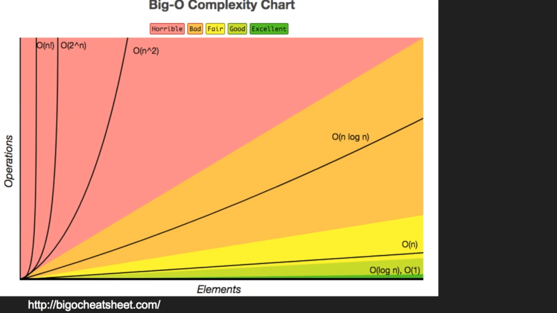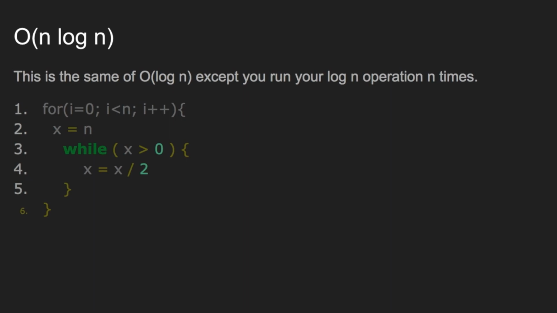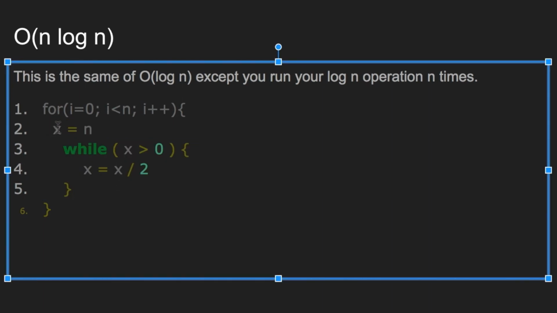So, all right, so now let's look at n log n. So this is the same as log n, except you run each log n operations. And the best way to kind of show that is right here. So this is kind of the code we had before, where we had this keeps getting halved, but you just run that in a loop n times.